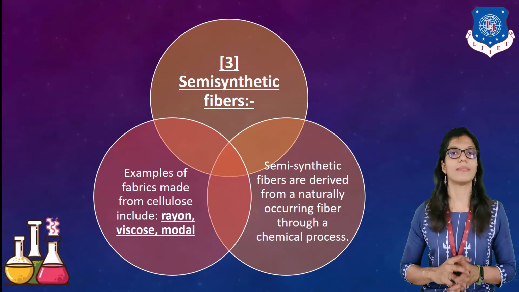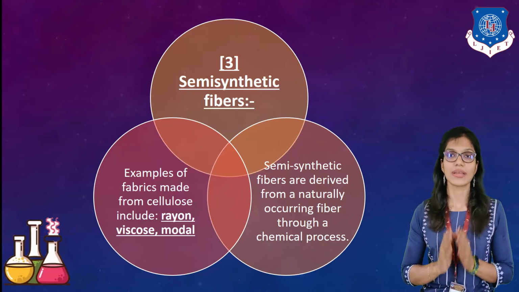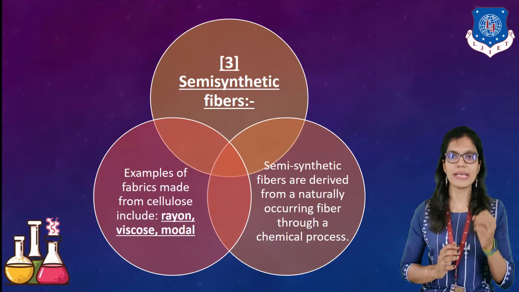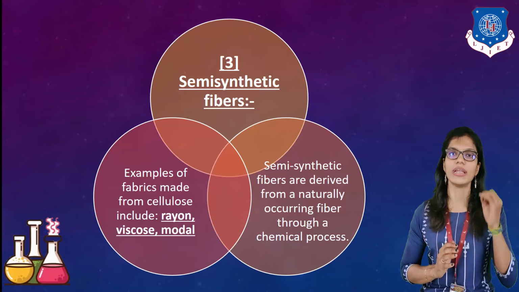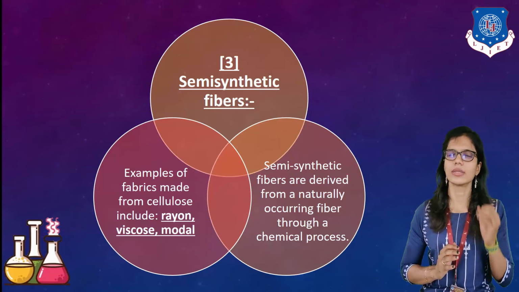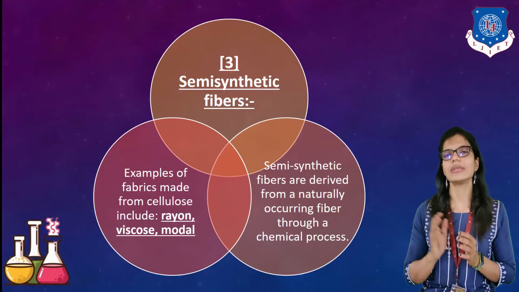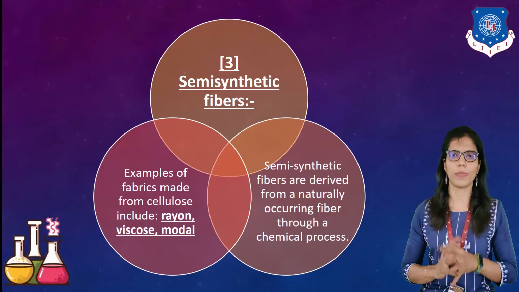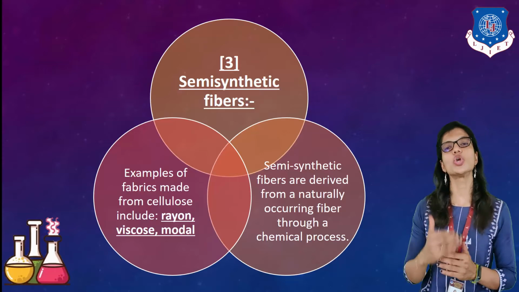Right now, rather than only natural or only synthetic ones, semi-synthetic fibers are widely used by everyone because they have the properties of both natural and synthetic, and this enhanced property makes them much more utilized.